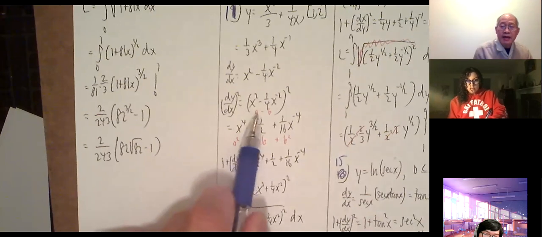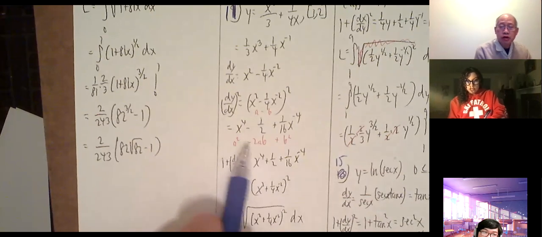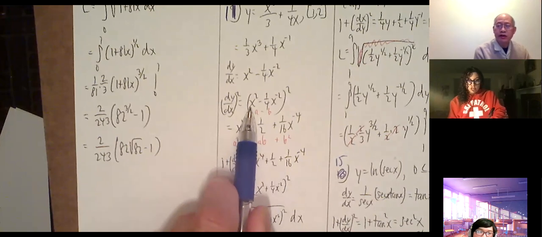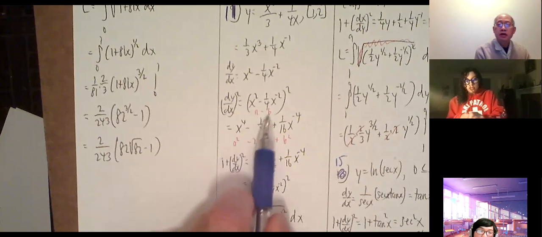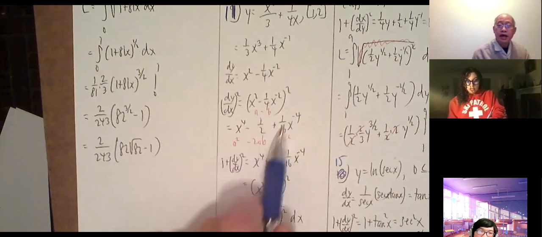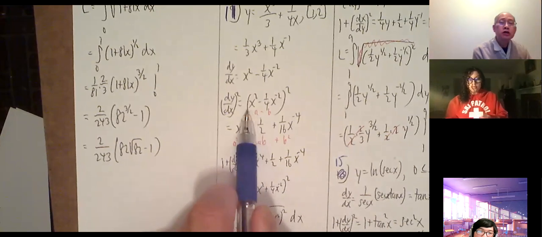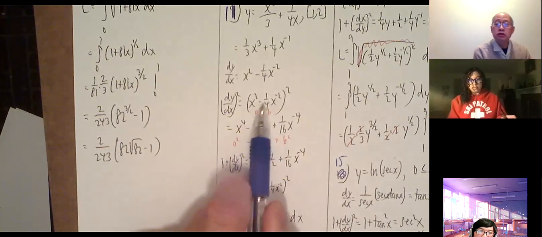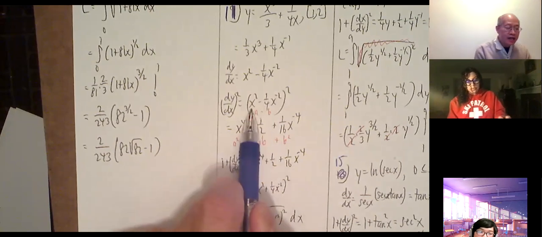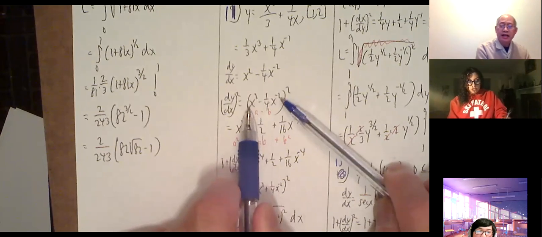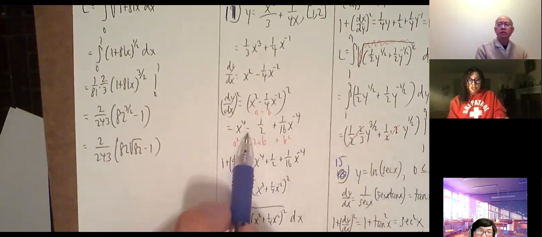So I'm doing a minus b squared: a squared minus 2ab plus b squared. So a squared is x squared squared, there it is. B squared is 1/16 x to the minus 4. And the middle term is minus 2ab, so minus 2 times that times that. 2 times a 4th is 1/2. X squared times x to the negative 2, I'm supposed to add the exponents. That's x to the 0, which is 1. So I have negative a half.